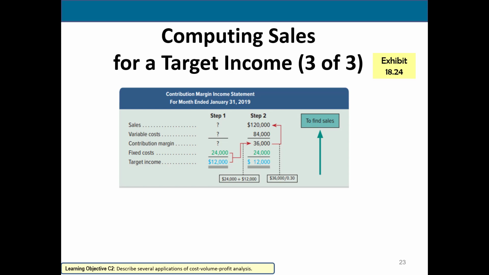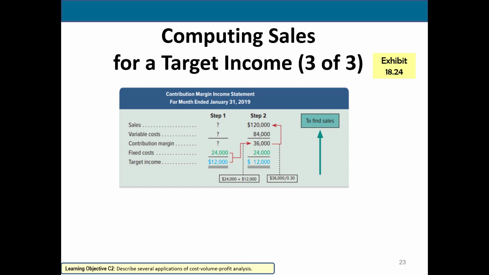Then we need $24,000 in fixed cost, and that will yield a target income of $12,000. So they must generate a contribution margin of $36,000, which is computed as $24,000 plus $12,000.